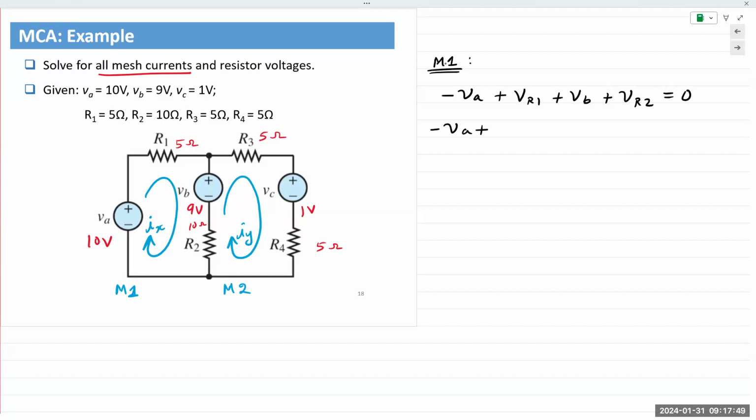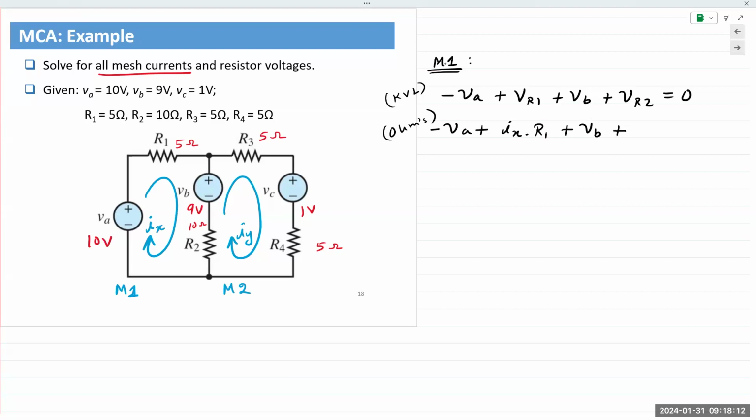Then VR1 expressed in terms of Ohm's law. So this is from KVL. This is Ohm's law. VR1 is Ix times R1. VB is, of course, the voltage source.